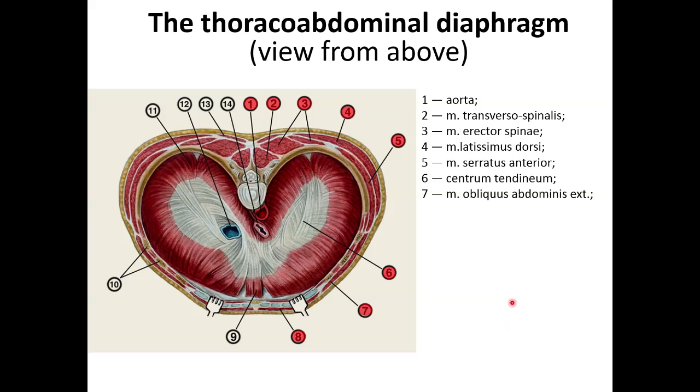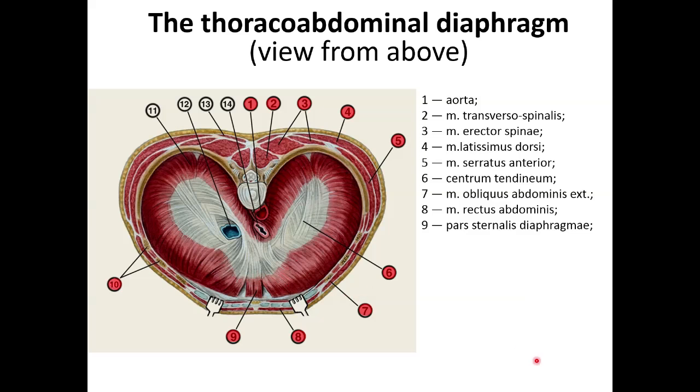And number 8 is musculus rectus abdominis, muscle of the anterior abdominal wall. And then number 9 is pars sternalis of the diaphragm. So we can see that pars sternalis is quite a small part.